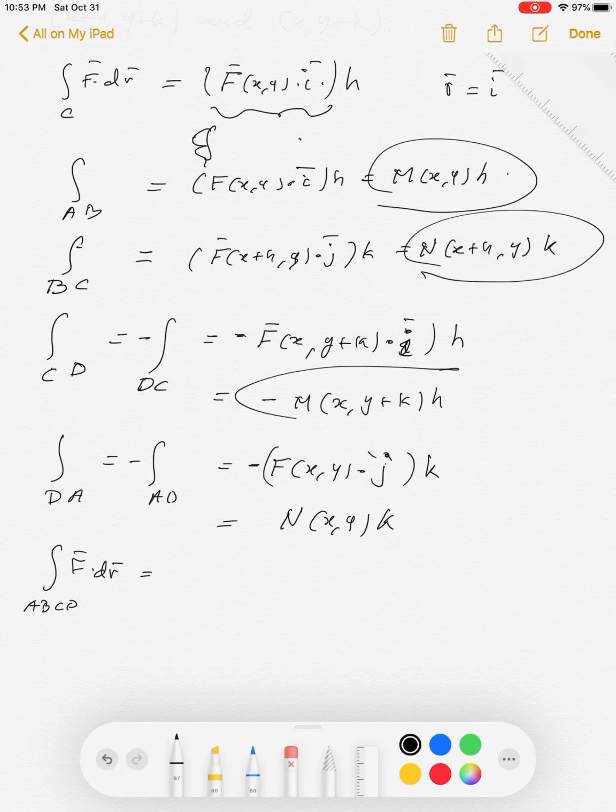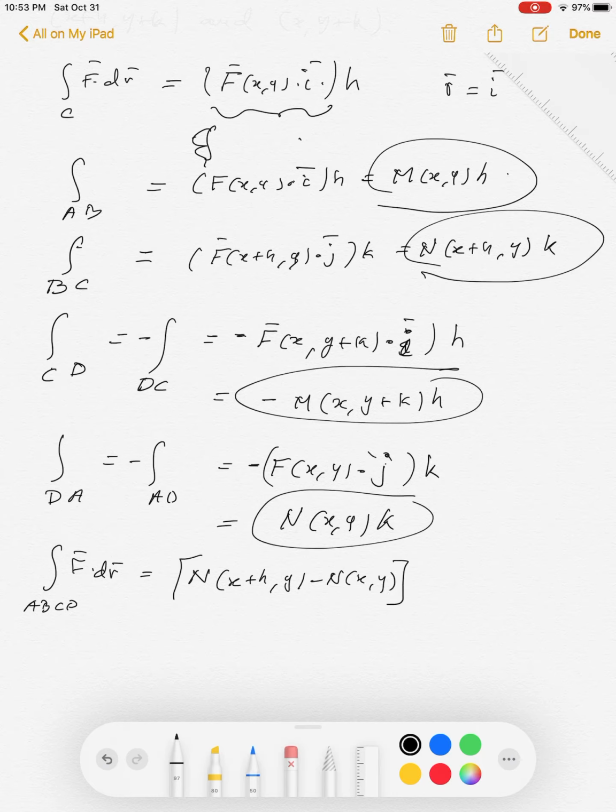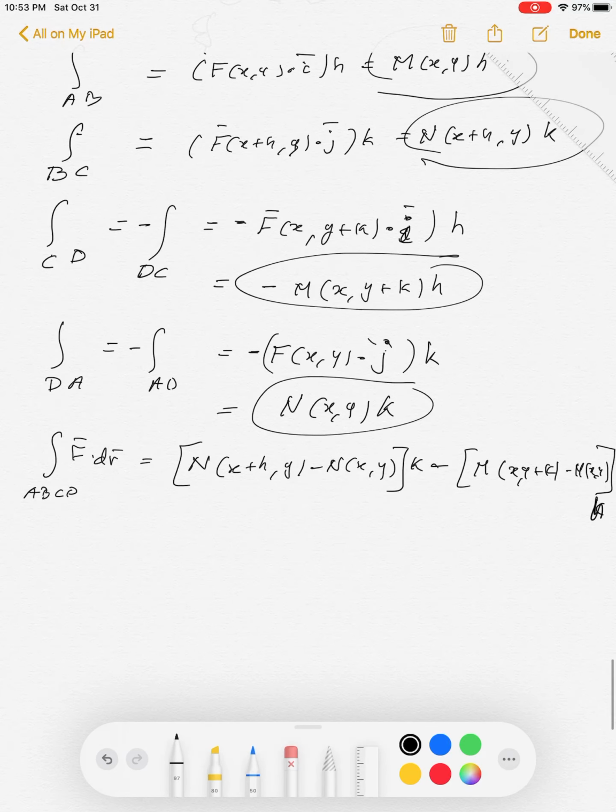So if you look at the integral of f bar on the curve ABCD, we have these four terms added together, which gives N(x plus h, y) minus N(x, y) times k, minus, M(x, y plus k) minus M(x, y) times h.